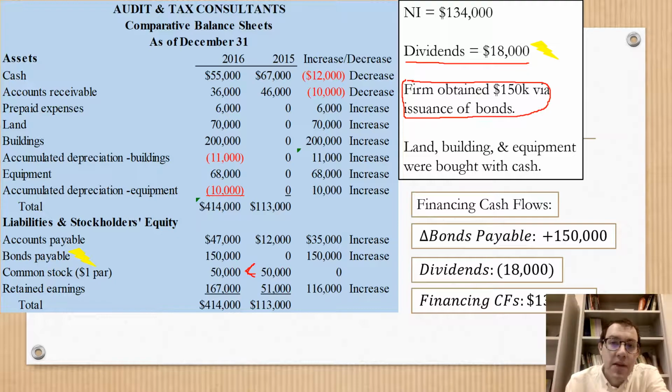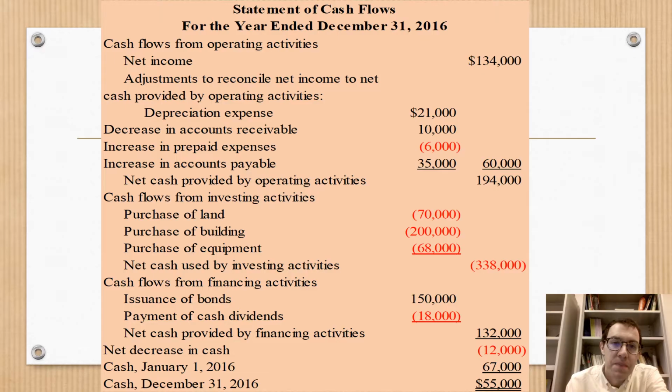So when you go to make your statement, that'll be the last thing you do. It just looks like this. You say net income, and then adjustments to reconcile net income to the net cash provided by operating activities. And then you list out each individual item there.